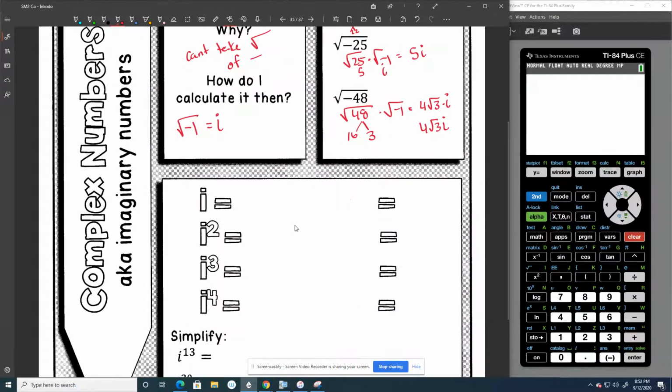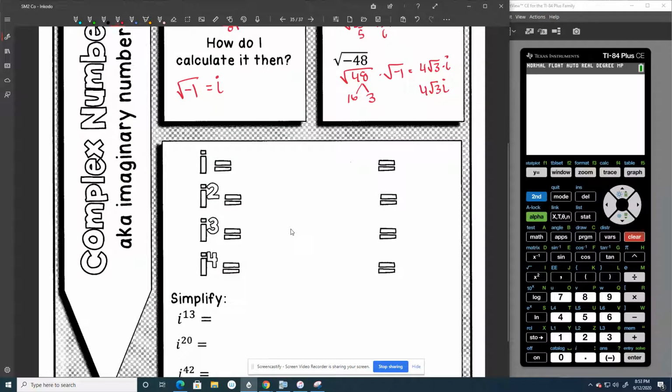Now, dealing with i, we've got to be just a little bit careful because weird stuff happens. i itself is just the square root of negative 1. Okay, so i is equal to the square root of negative 1. i squared means the square root of negative 1 times the square root of negative 1, which is just equal to negative 1, because I'm taking the root times the root of the same thing. i cubed is the square root of negative 1 times the square root of negative 1 times the square root of negative 1, which equals my i squared, negative 1 times the square root of negative 1.